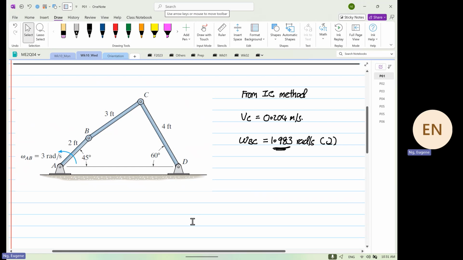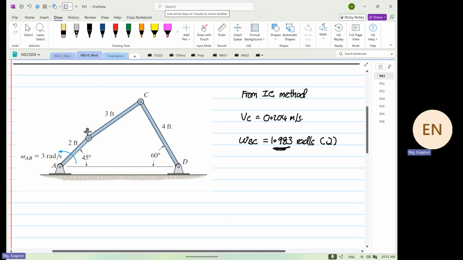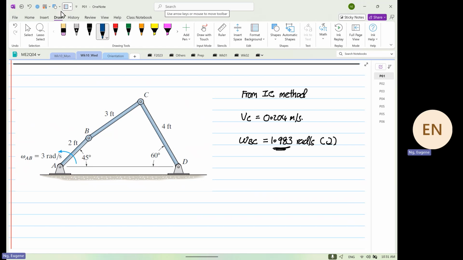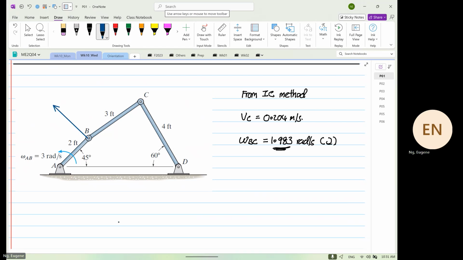But before we go there, how do we construct the velocity vectors for instantaneous center? We know that from here at point B, the velocity vector is going in this direction. There's no assumption over here.